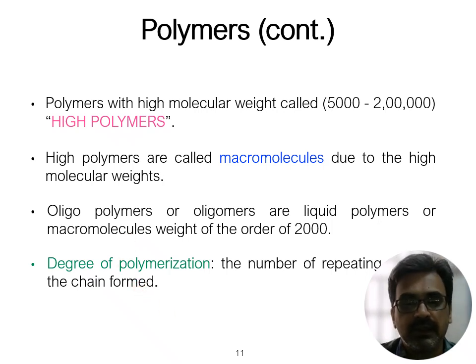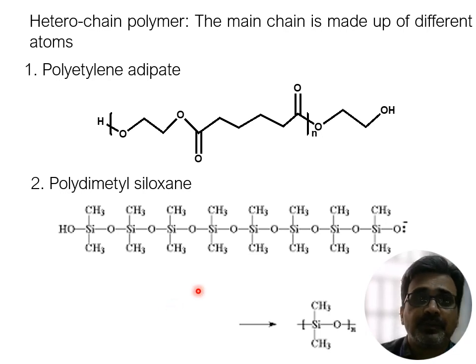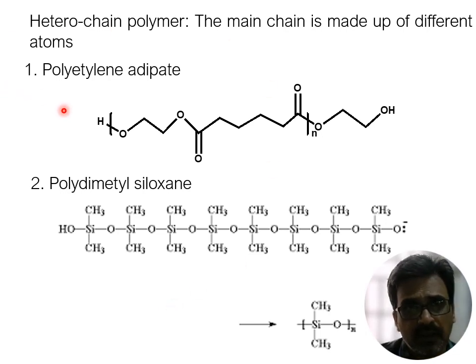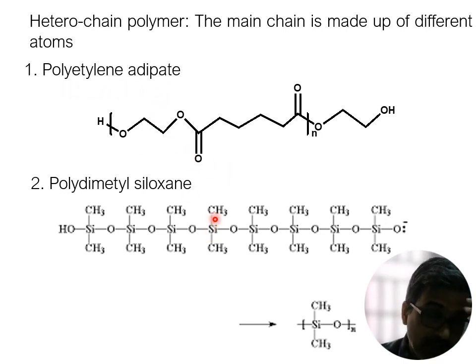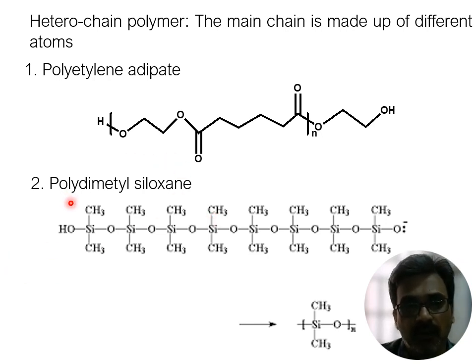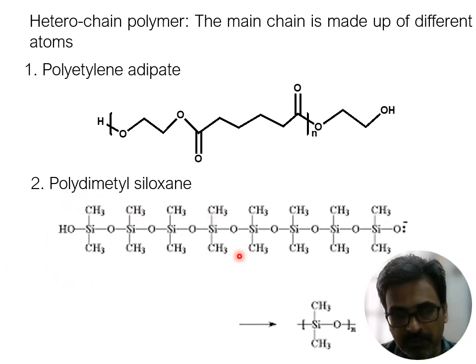And the extent of the polymerization is called the degree of polymerization. They are not necessarily homopolymers. We can have heterogenic polymers like polyethylene dipeptide, where you have functional groups, or inorganic ones like polydimethylsiloxane, which is also referred to as PDMS.